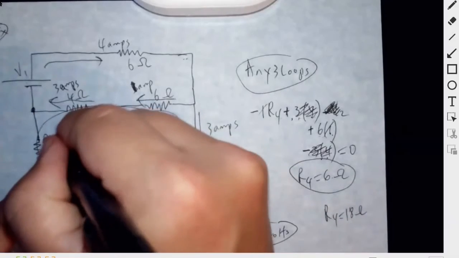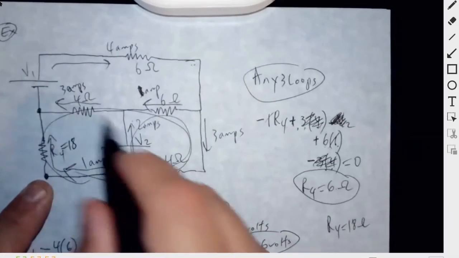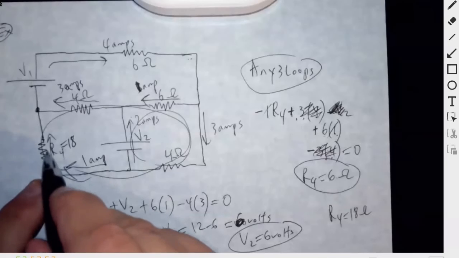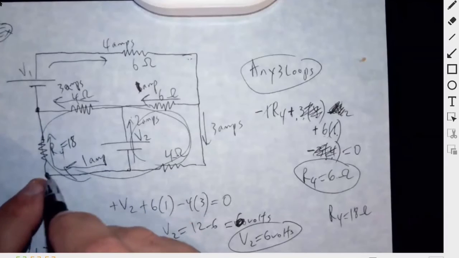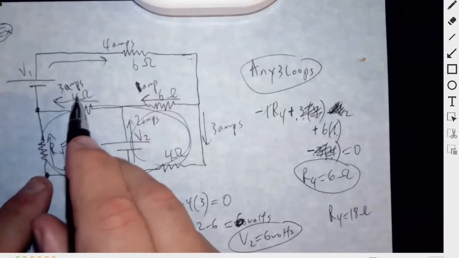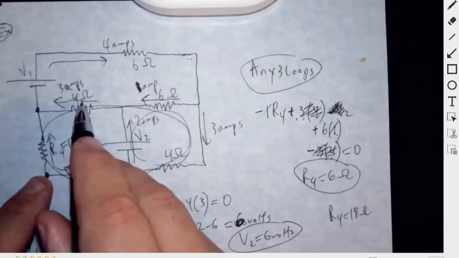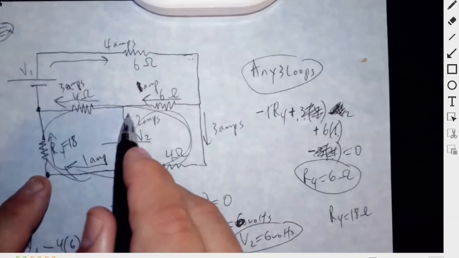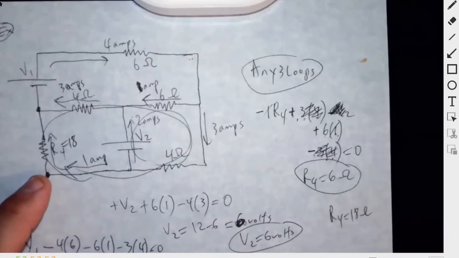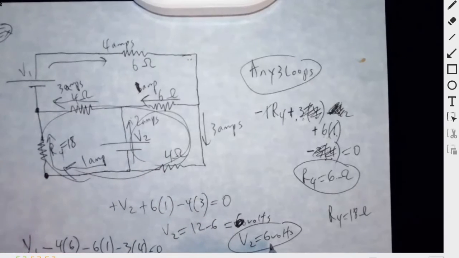So you're saying it should be 18. Maybe if I do the left loop, I can argue, okay, you should lose 18 because this is 1 amp, so you're going to lose 18 volts, gain 12 volts as you go this way, and then come down, and then V2 is 6. No, you are right, yeah.